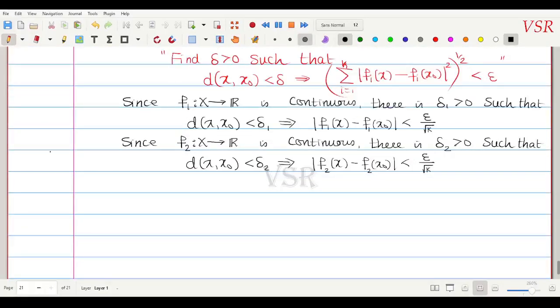இது x நாட் என்ற பாயிண்ட். முதல்ல delta 1 ரேடியஸ்ல ஒரு வட்டம் வரைஞ்சிருக்கேன்.